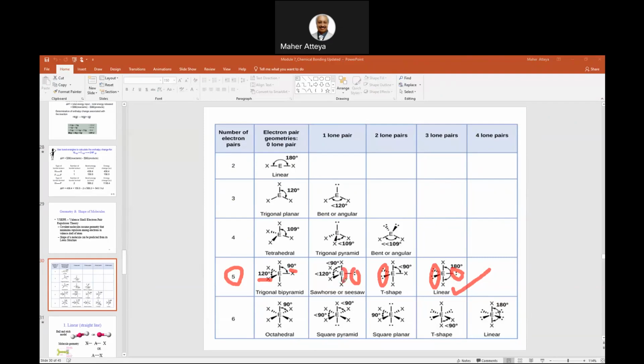You will see that the 90 degree angles will be a little different from the side. This angle here is less than 90, and here it will be even a little less than 90, like 89 or 87, something like this. So this will conclude this chapter. And I'll stop recording.